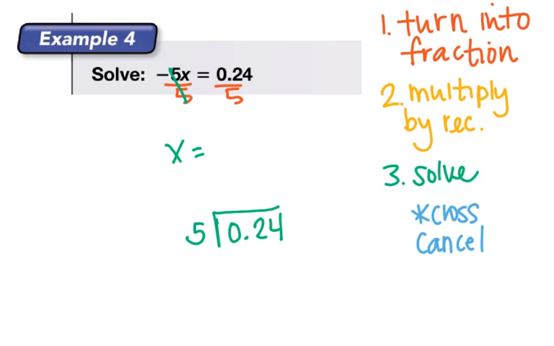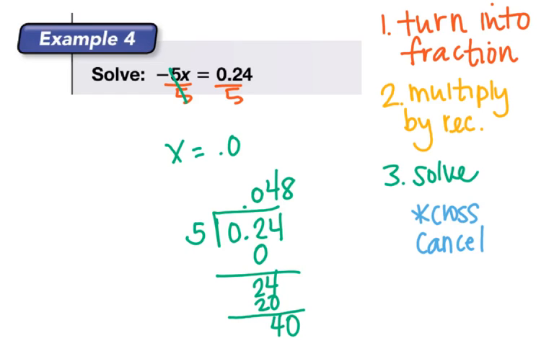Remember, our decimal goes straight up. 5 goes into 2 0 times. 5 goes into 24 4 times. Uh-oh, I hope I have enough room. Looks like I'm going to make it. And then we have 8. So our answer would be 0.048. But guess what I forgot to do?